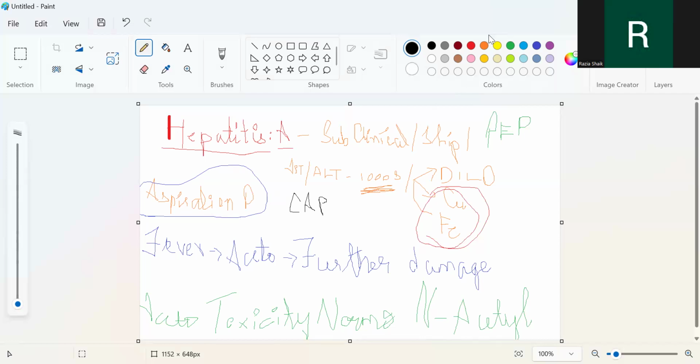Don't forget one big thing, that is sputum cultures, blood cultures. For any infectious case, we always want to do sputum gram stain, sputum cultures, blood cultures to narrow down the antibiotics.